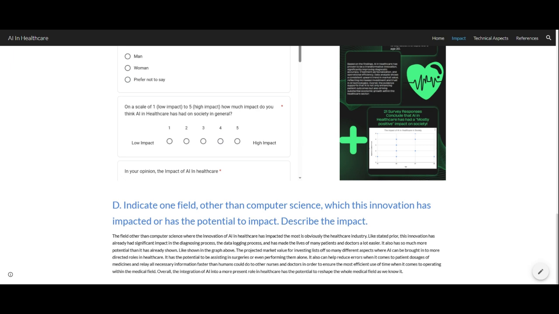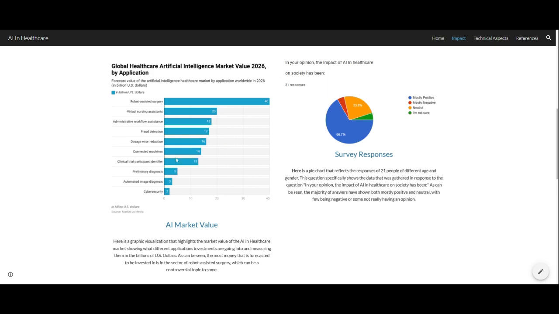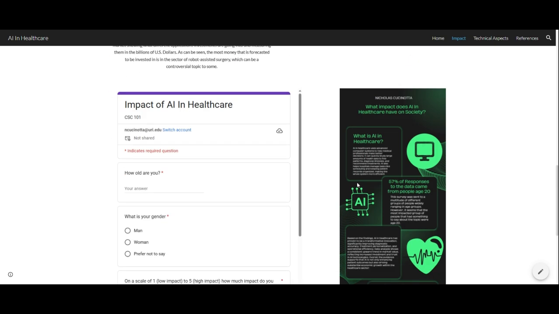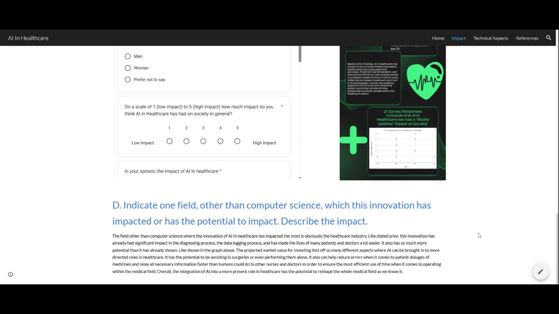I talk about how it speeds up the diagnosing process, data logging, making lives for patients and doctors easier, the potential that it has based off of these investment opportunities, showing robot assisted surgery, and basically just talking about how it can completely reshape the field with more time to come and develop, with more investments and research that goes into it, because it's rapidly growing and more things are being assisted with AI in healthcare.